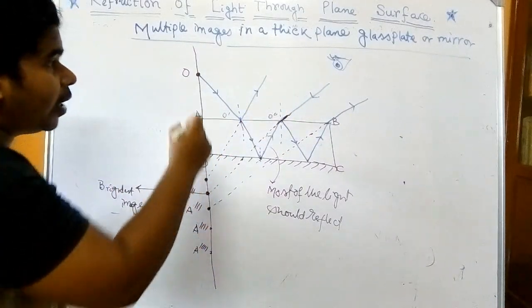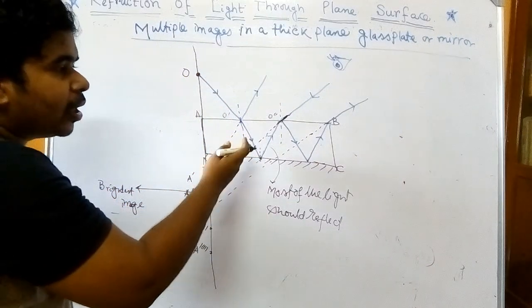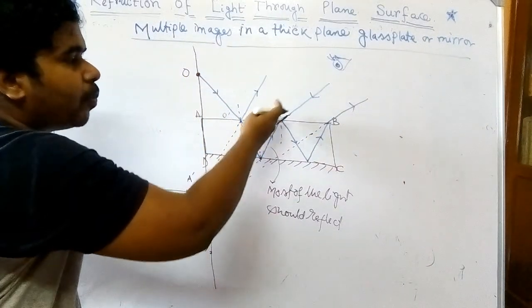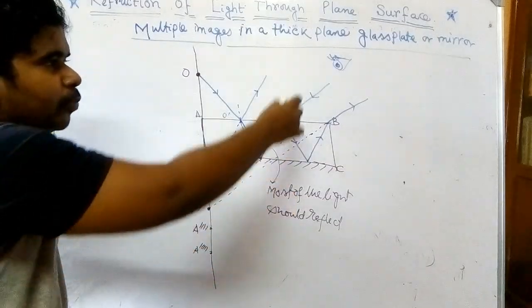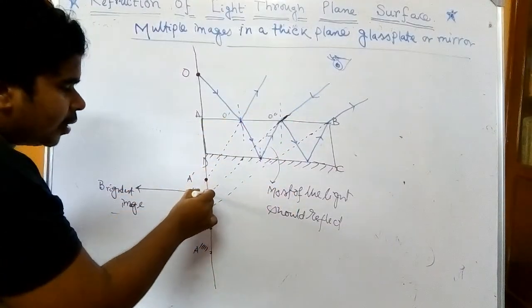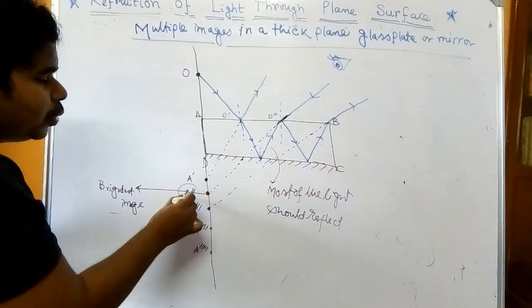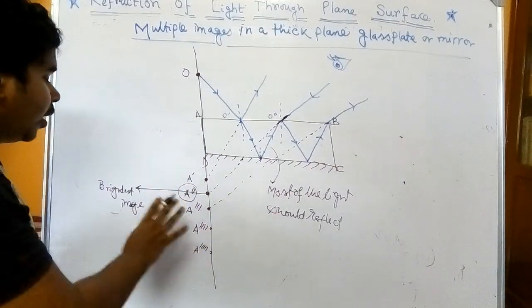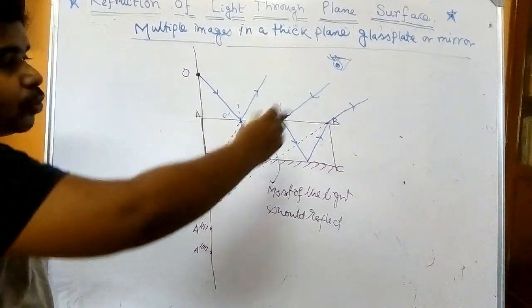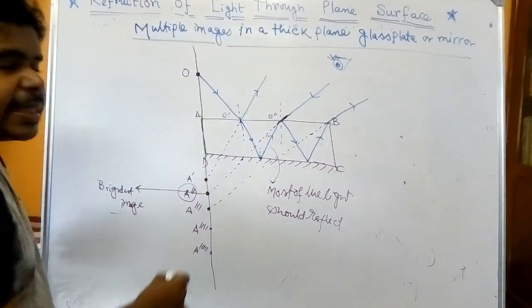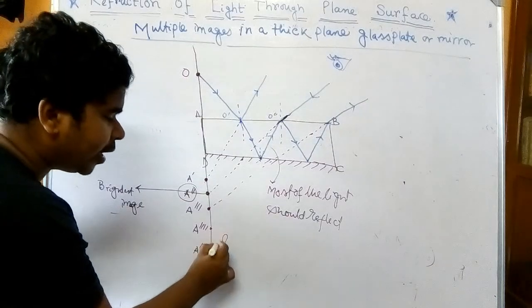Maximum amount of light that is coming from O goes by this path through the point O double dash. So if we see by this path, the point A double dash, here we will get the brightest image, and after that, as it goes on, the intensity of the images will decrease.